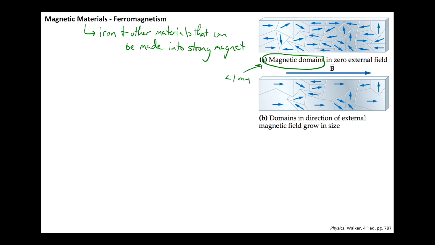And for the most part, assuming we haven't taken the iron and done the process to make it into a strong magnet, these are all just randomized throughout the material, and the material itself is nothing special. All of these little magnetic domains have magnetic fields pointing in a bunch of different directions, so the randomization should overall cancel out the total magnetic field.